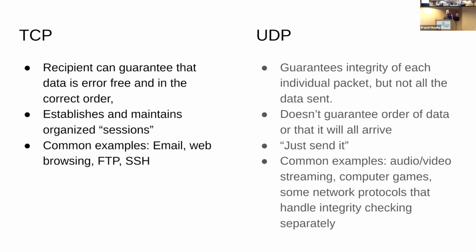Web browsing primarily still uses TCP, though there's a new protocol called QUIC that can use either, and at least the way it's being implemented by a lot of the big vendors like Google, it's using UDP. FTP and SSH are real heavy TCP. I've not seen the implementation of either of those that use UDP.